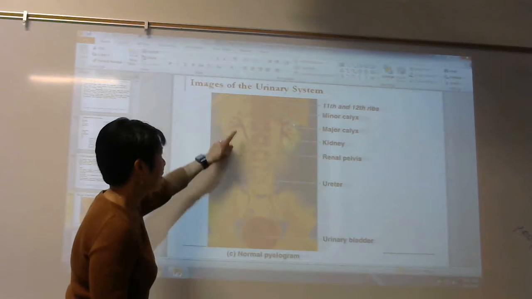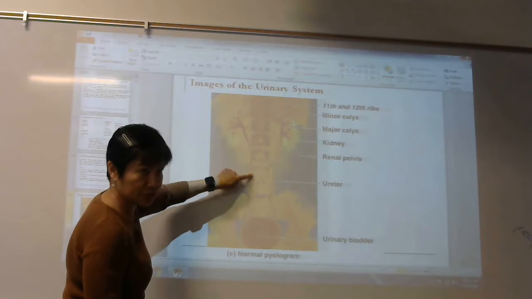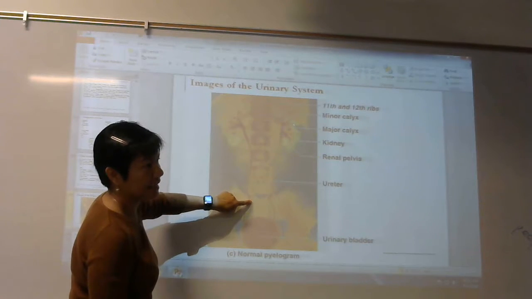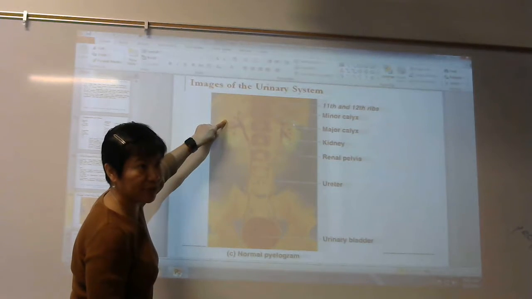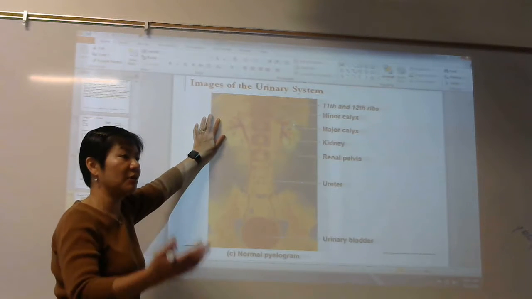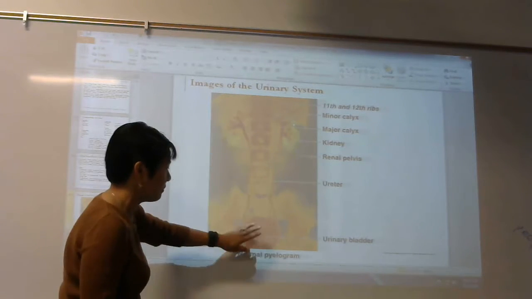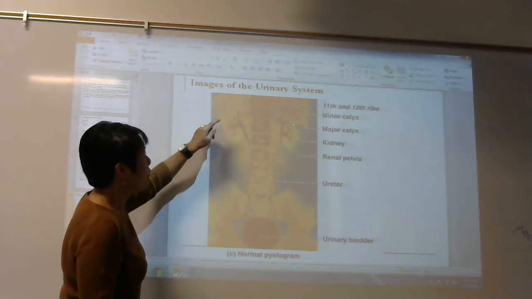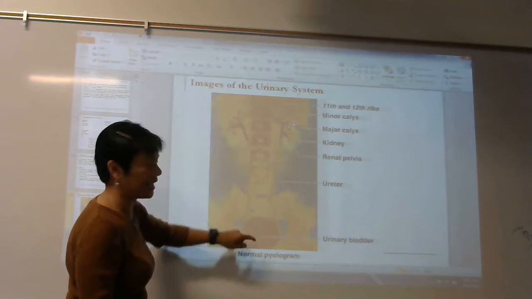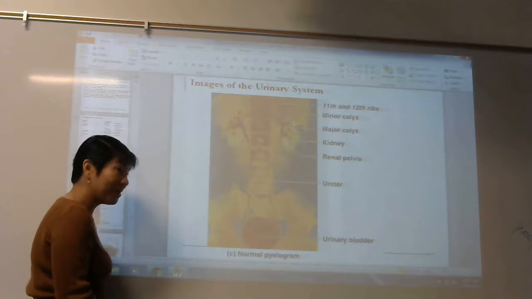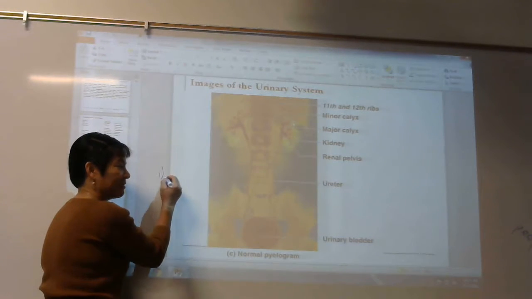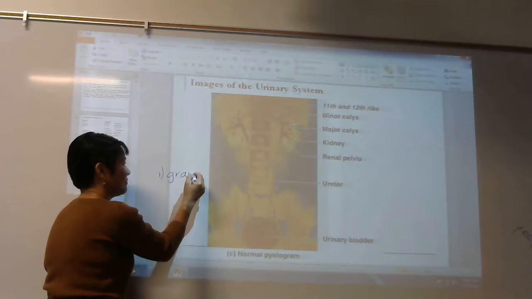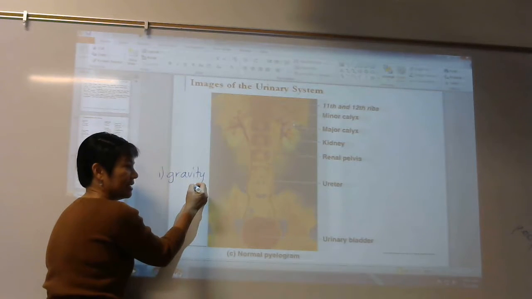Now let's look at this. These are the ureters. And here is where you form your urine. Look at how very good of an architect God is. And there's your bladder. Can you guess how urine moves from here to here? Very good. Gravity is one of the key factors.